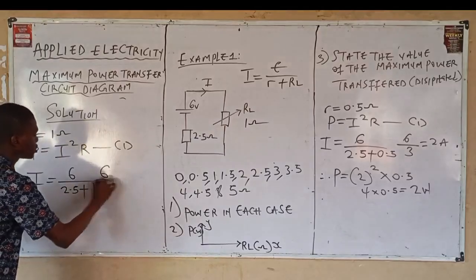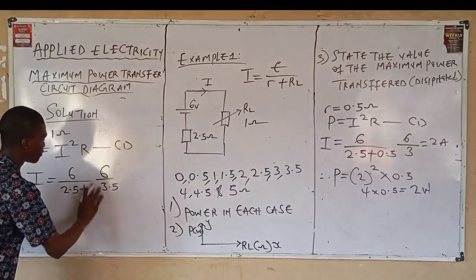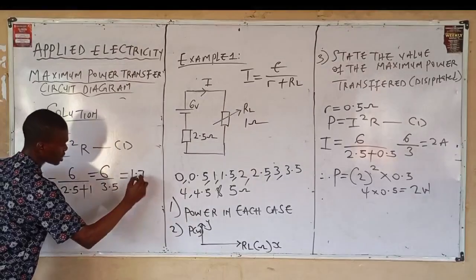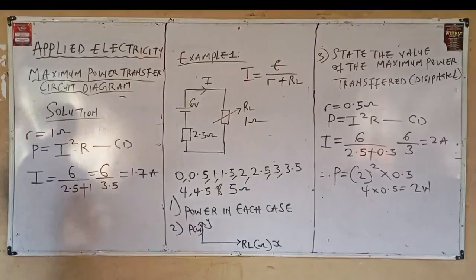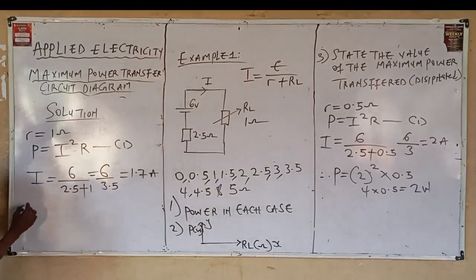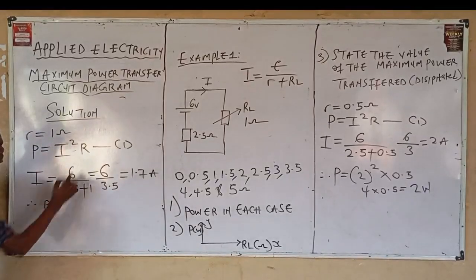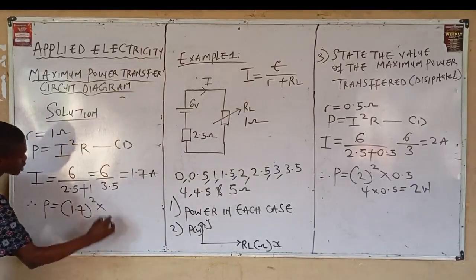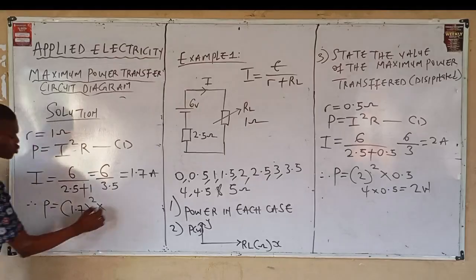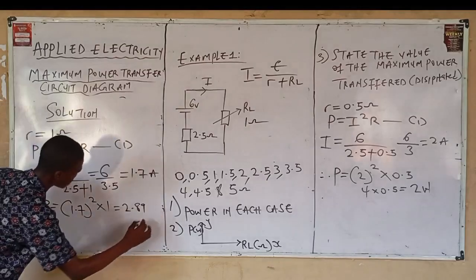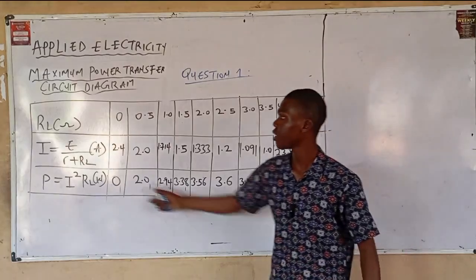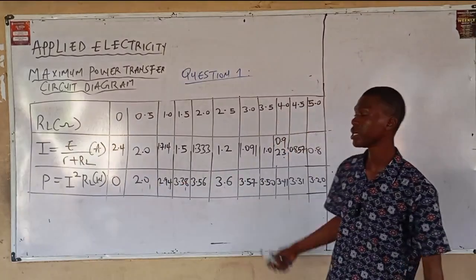So this becomes 6 over 3.5. Then this gives you approximately 1.7 amperes. Therefore, your power using equation 1, you have 1.7 squared multiplied by R, which gives 2.89 watts.